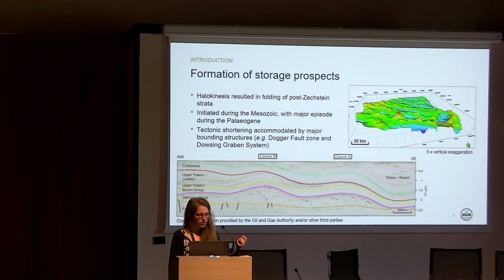In response to this, the shortening from the folds had to be accommodated, and you've got some big regional structures surrounding. So I mentioned some studies. One of them was looking at this. So you've got these good traps. You can see from the model of the top surface you've got lots of anticlinal structures, and these are many of the targets for storage.